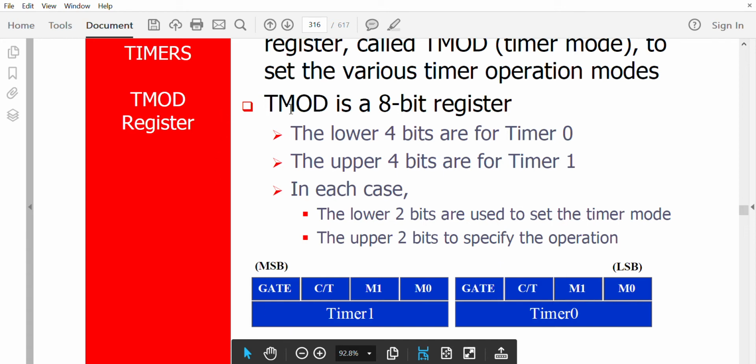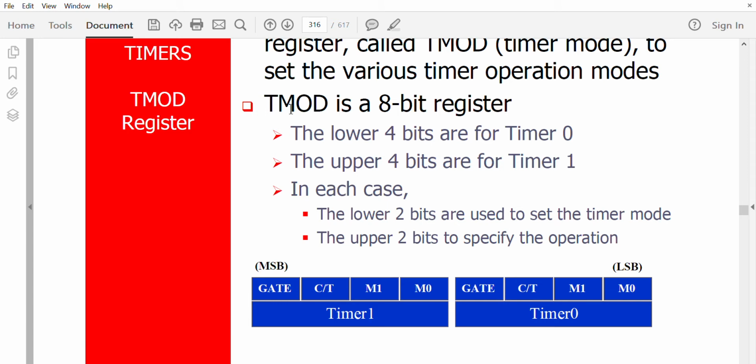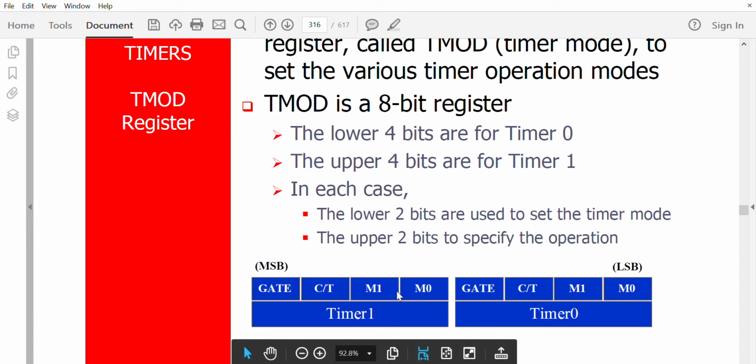So TMOD, why do you have TMOD? You have T0 and T1, those are two timers. In order to fix a particular mode of operation for the timers, you have the TMOD register, which is 8 bits long. Low order bits for timer 0 and high order bits for timer 1.